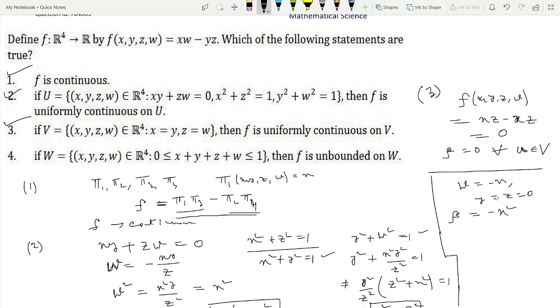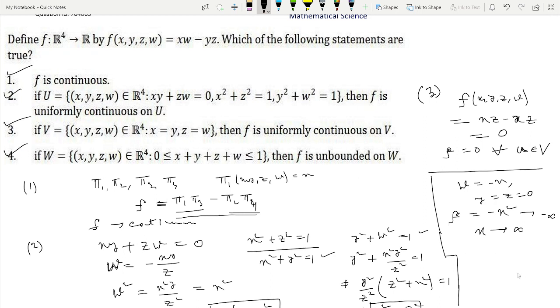All such x, y, z, w will be in this domain W, because they satisfy x plus y plus z plus w equal to 0. There is no restriction on x, so we can take x very large. As x tends to infinity, all such x, y, z, w are in this set, and f tends to minus infinity. So f is unbounded on W, and option 4 is also a correct option.